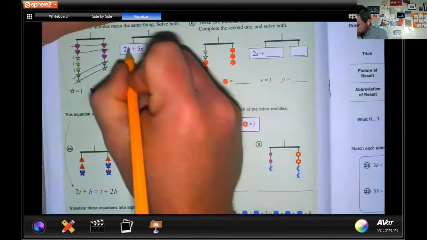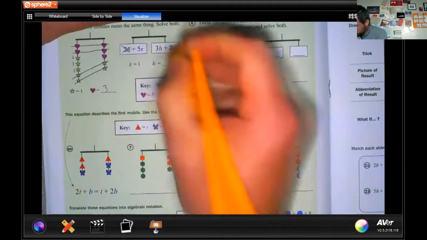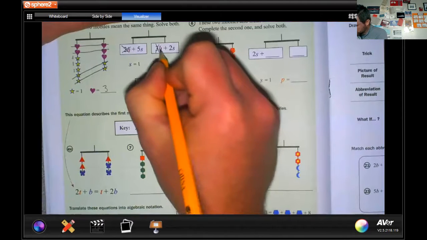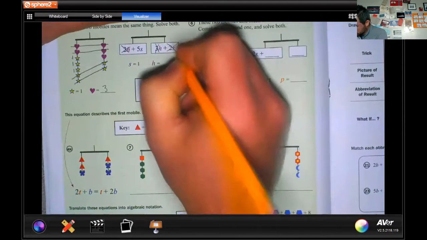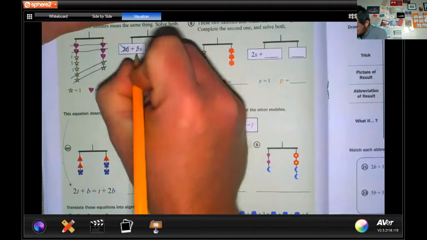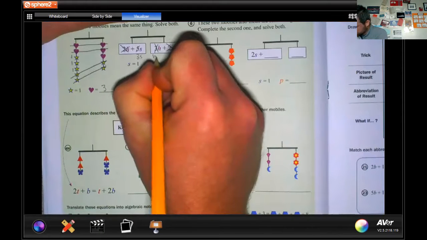So over here I have 2 hearts and here I have 3 hearts, so I can get rid of 2 of them. So if I get rid of 2 over here, I'm just going to be left with 1 heart. I have 2 stars over here, so I'm going to get rid of 2. I had 5, but if I get rid of 2 of them, I have 3. So we're going to write 3S and then H.